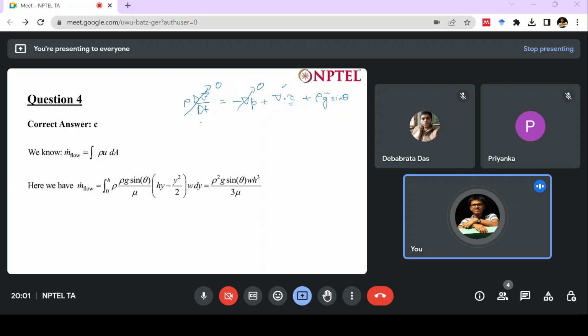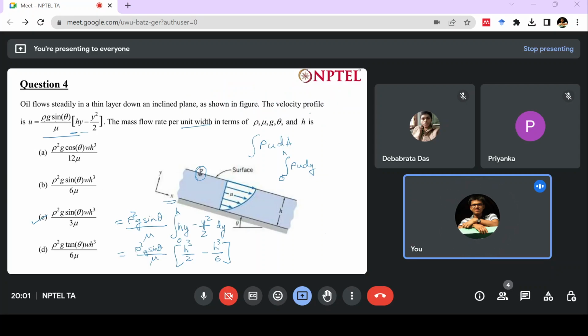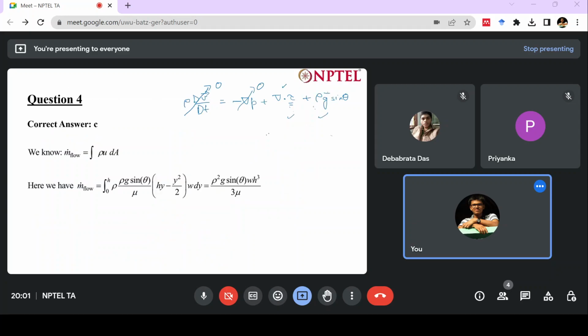What you have to do is basically a scaling analysis, and if it is a very thin film, then you will see that the inertial effects are very negligible when compared to your gravitational and viscous effects. So if you just balance these two, you will get this kind of an equation.